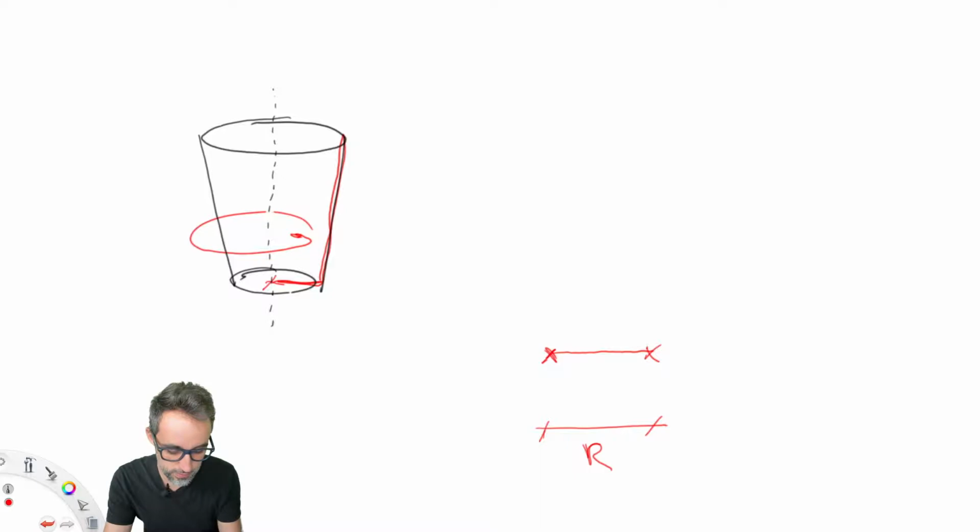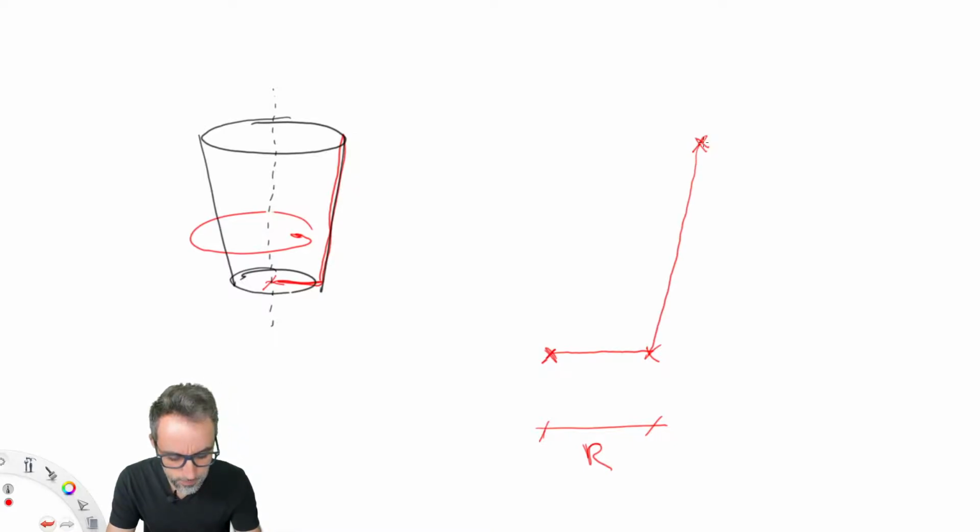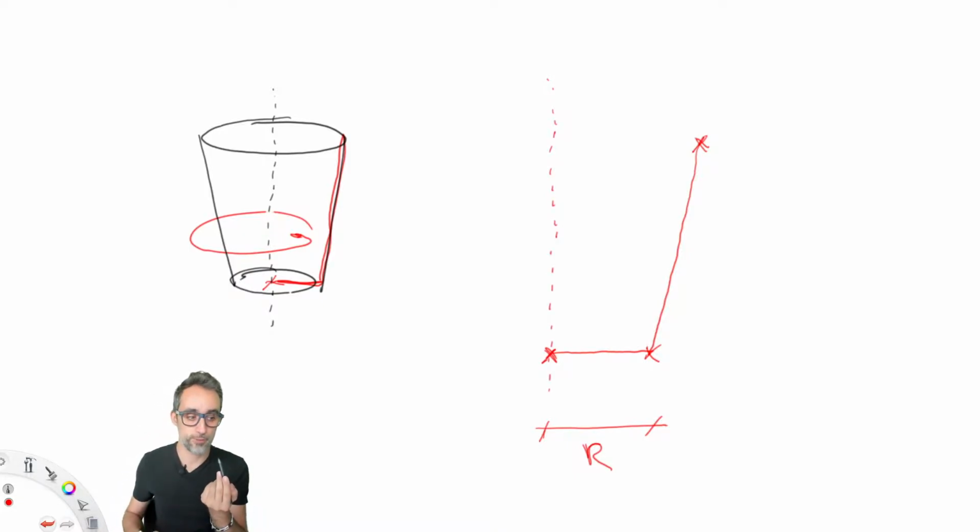I'm going to call this capital R, the radius. And then there could be a third point here, and this point could be the point that closes the polyline that becomes the curve that I want to revolve. And then there would be an axis here that I would do the revolution over.